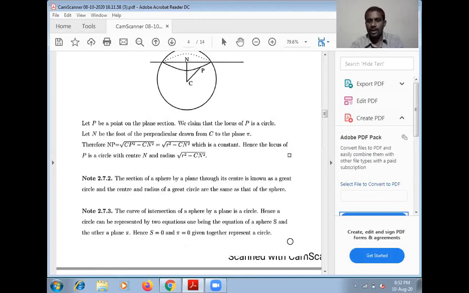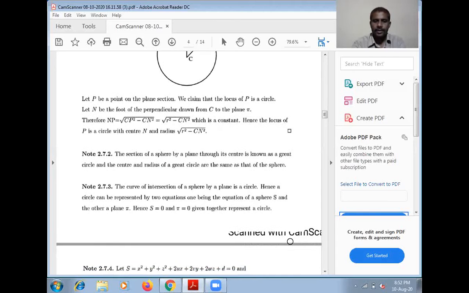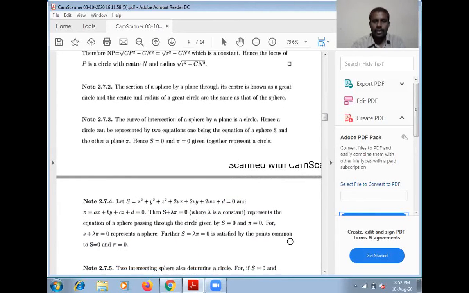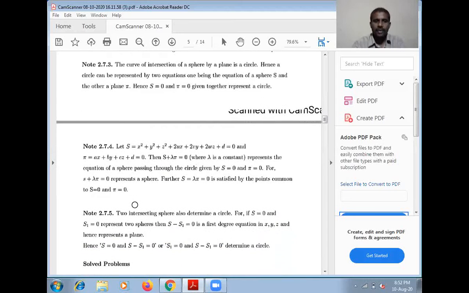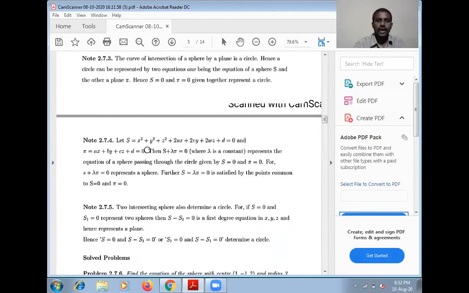Given together they represent a circle. So now I am giving one note here. Let S equal x square plus y square plus z square plus 2ux plus 2vy plus 2wz plus d equal to 0, and pi equal to ax plus by plus cz plus d equal to 0.